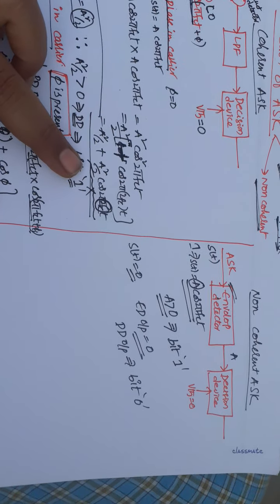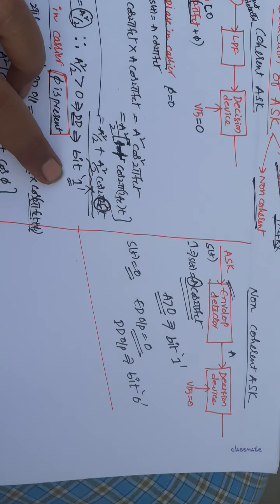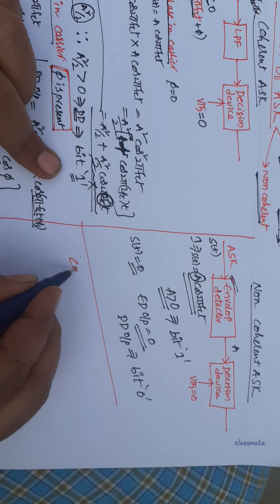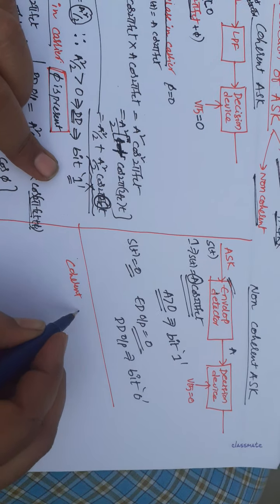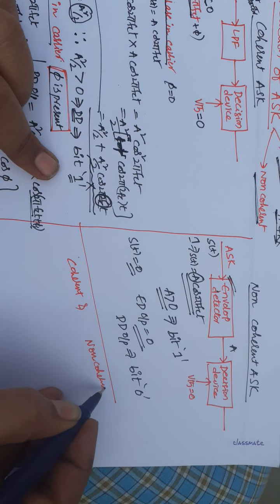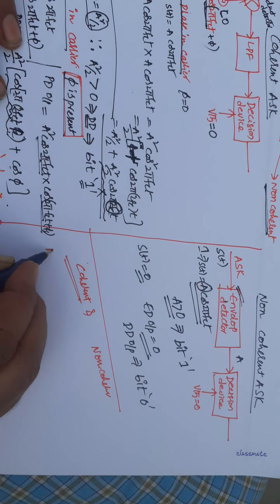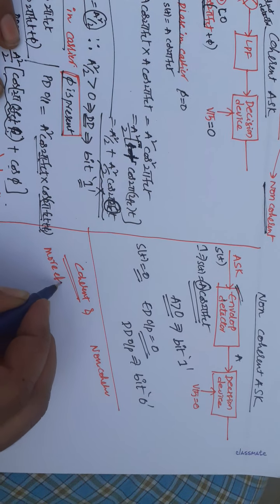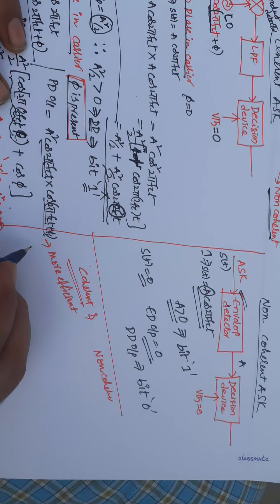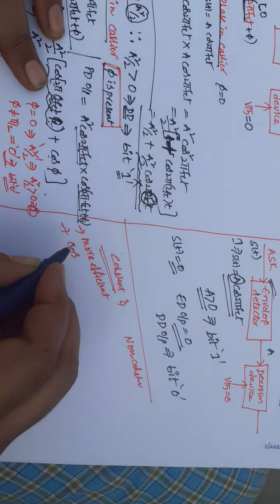Now we can see the advantages of both the coherent version as well as the non-coherent version. Yesterday only I said coherent is more efficient but costly, right?